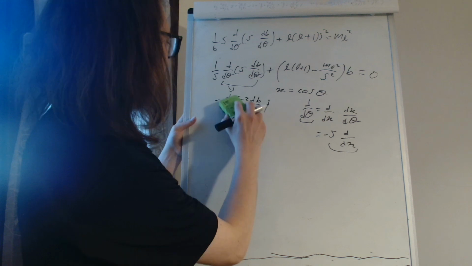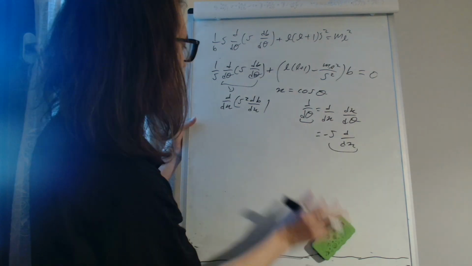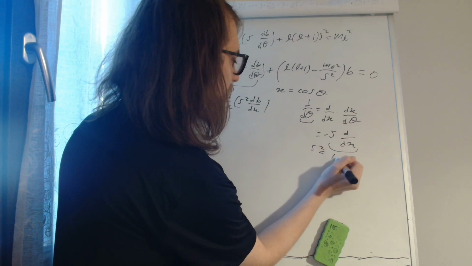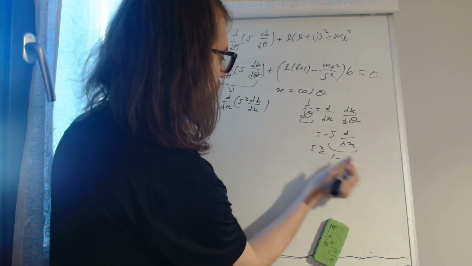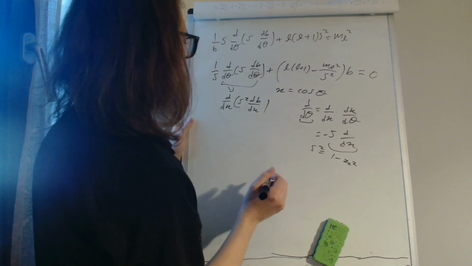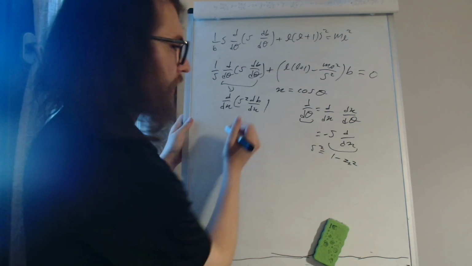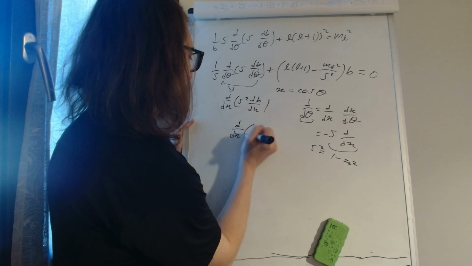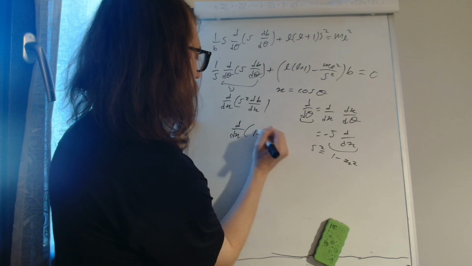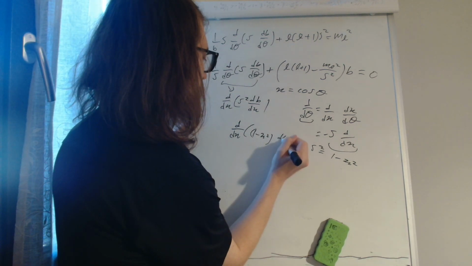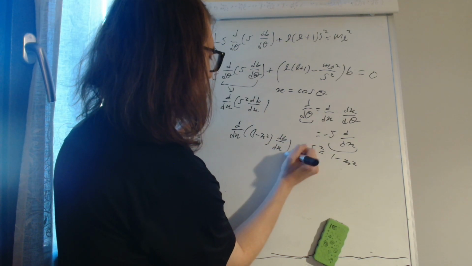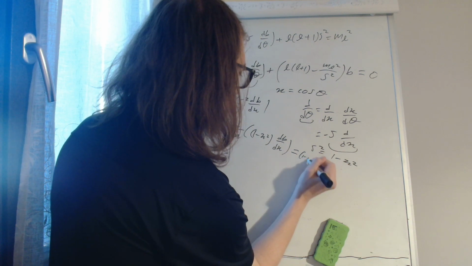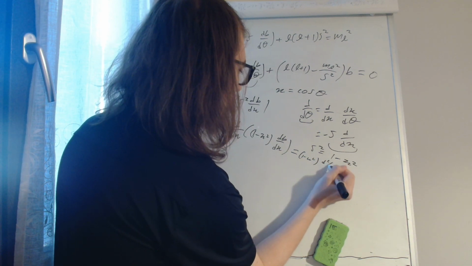The minus sign cancels out and I write sine squared equals 1 minus cosine squared equals 1 minus x squared. So I get in the end d/dx of 1 minus x squared times dB/dx, and this is 1 minus x squared d²B/dx².